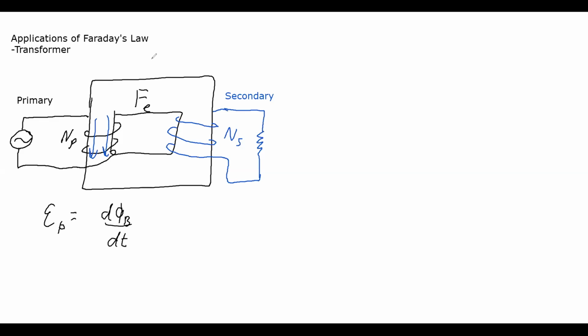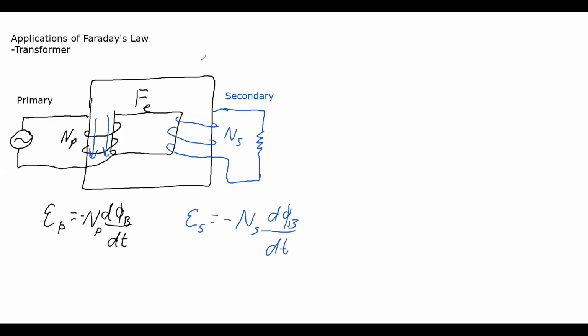But we have so many coils there, so we have to multiply by the number of coils. And I put my negative there. And then on the secondary coil, it's kind of the same thing. I have the number of turns times dΦB over dt.